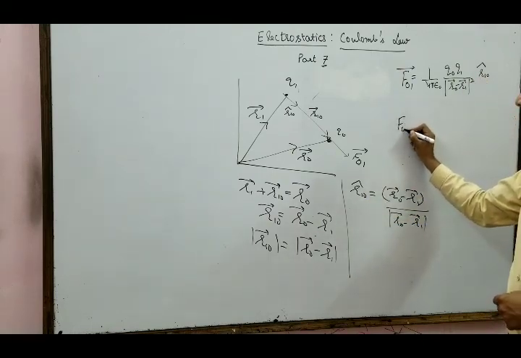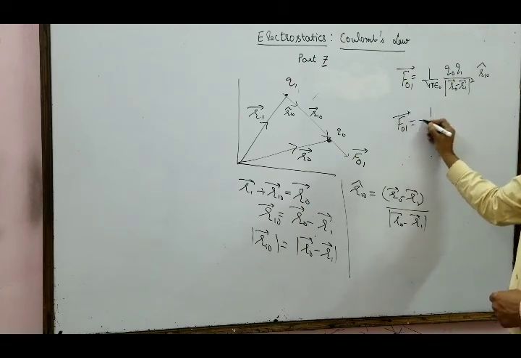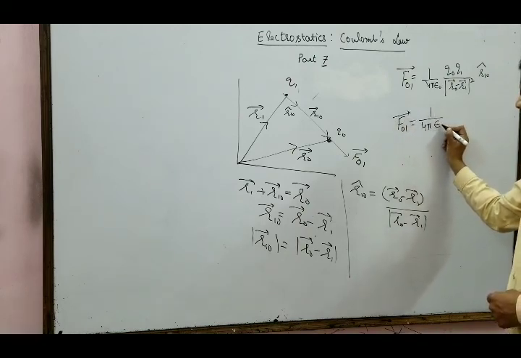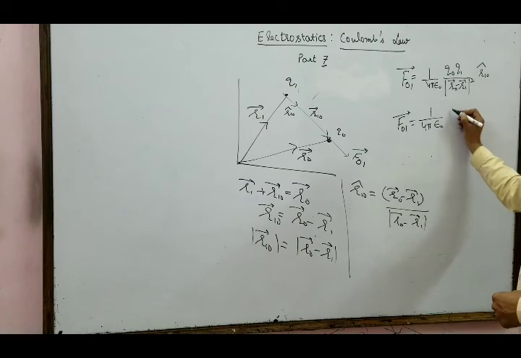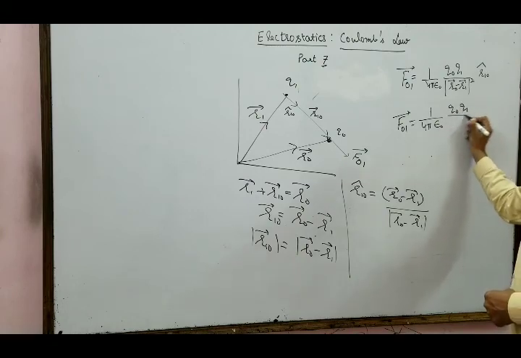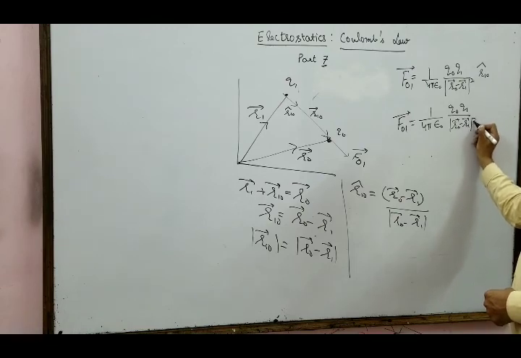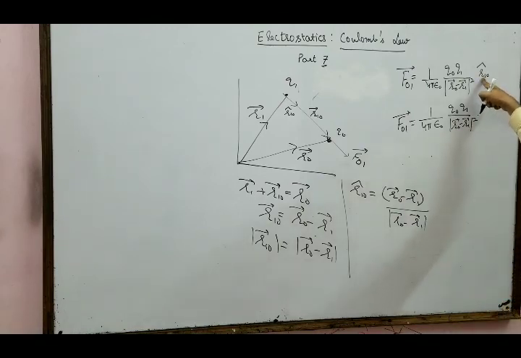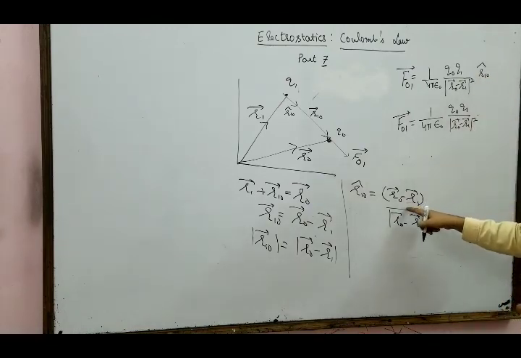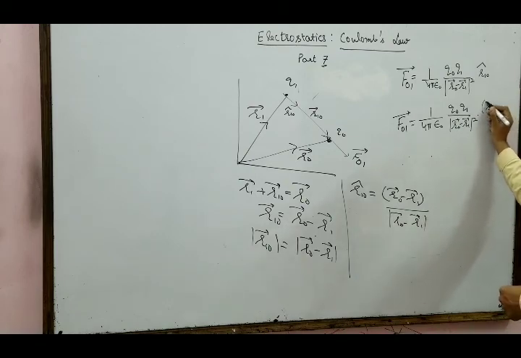So what do we get? F01 is equal to 1 by 4 pi epsilon naught q naught q1 divided by modulus of r naught minus r1 whole square into, I am writing down the value of r10 cap from here as r naught minus r1 whole divided by r naught minus r1 modulus.